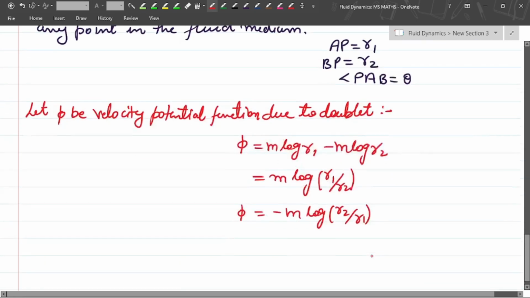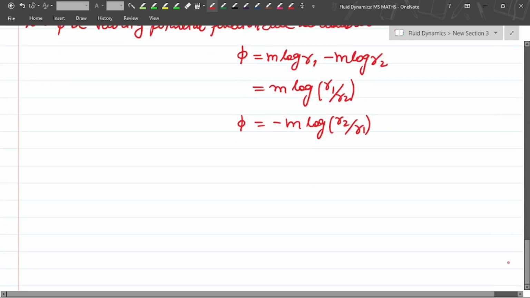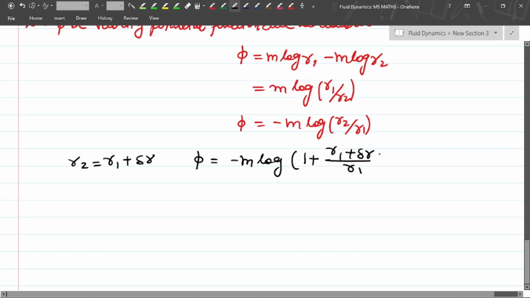Why are we doing this? Just for the next step. If r2 is equal to r1 plus delta r, then what will happen? Phi is equal to minus m log of (r1 plus delta r) divided by r1.